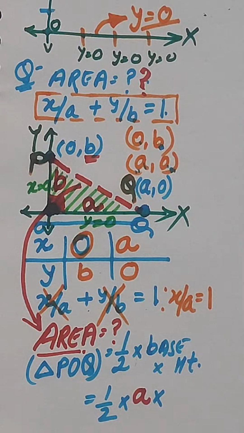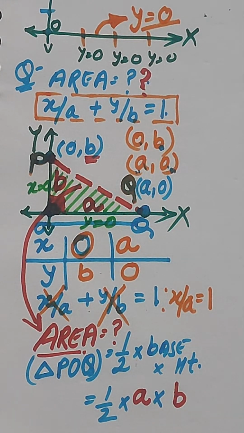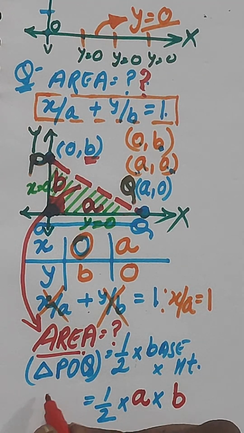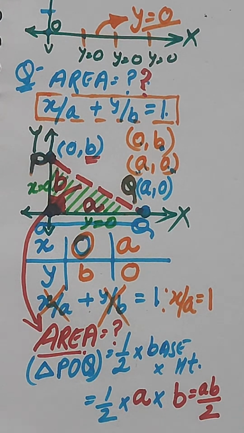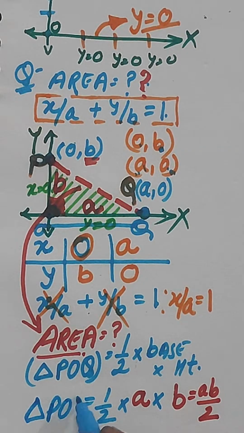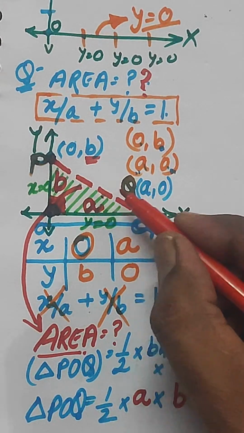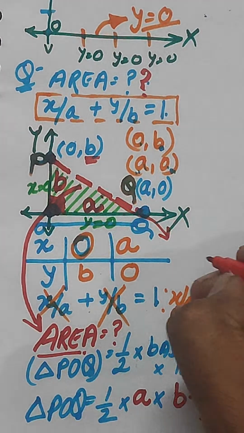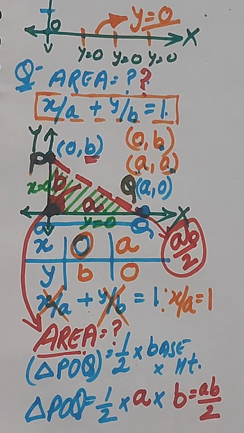So half into a into the height b. This will give you the area of the triangle POQ as ab by 2. So the area of this triangle is ab by 2. So this is the answer.